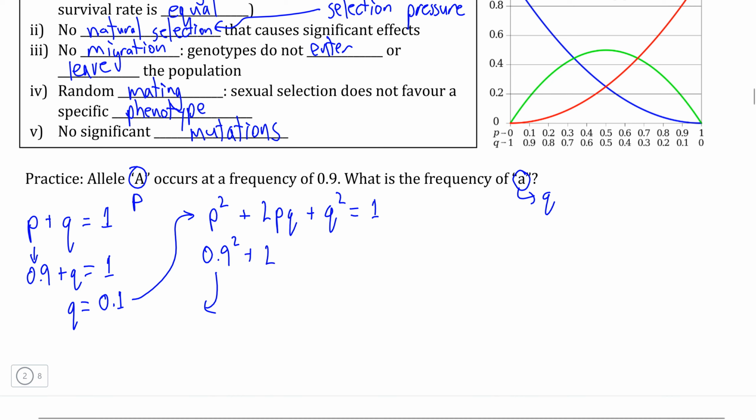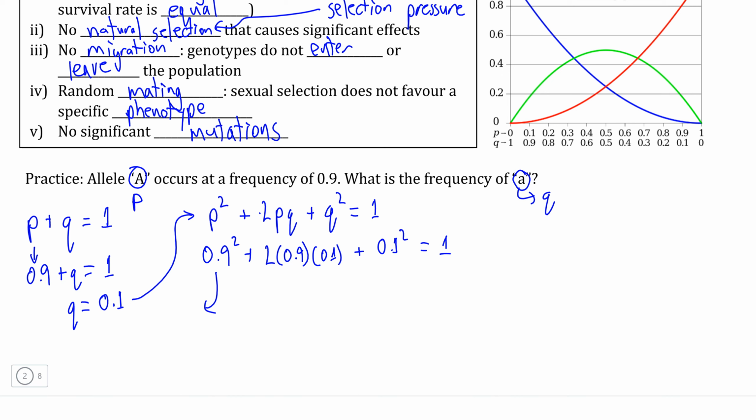Then if we put P and Q in for 2pq, 2 times 0.9 times 0.1 would give us the frequency of how often we would encounter a heterozygous organism. And finally, if we were to put 0.1 in for Q, 0.1 squared would be the percent chance that we would encounter a homozygous recessive individual, and if this is done correctly, it should add up to 100% of our population, you can simply try this with a calculator.